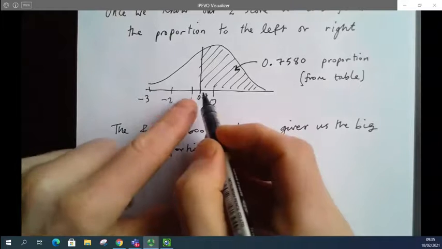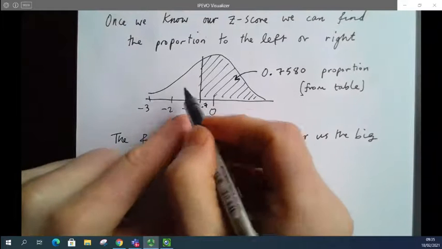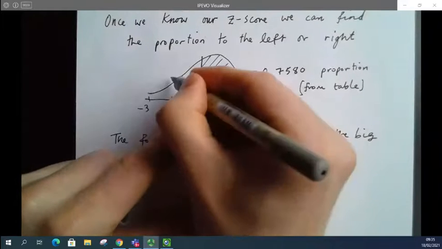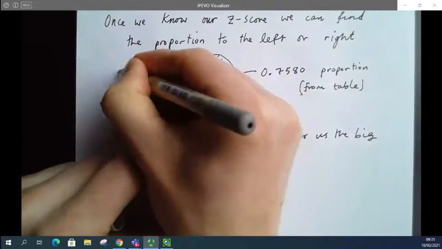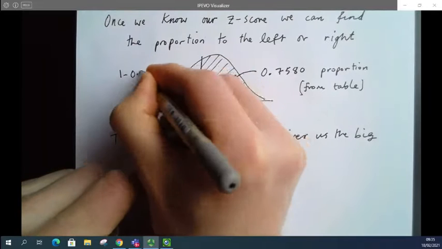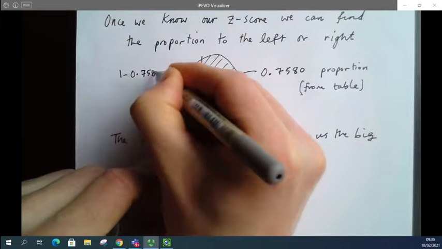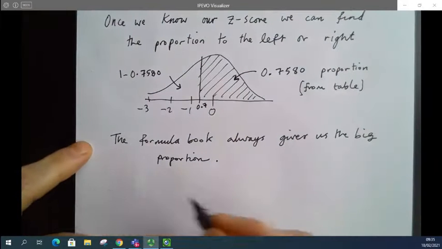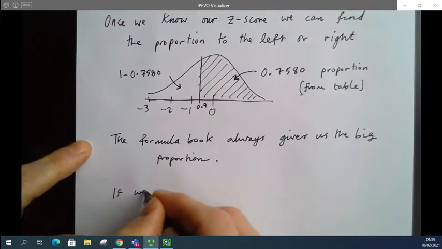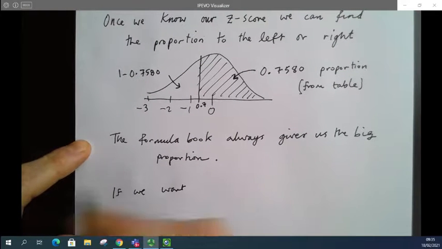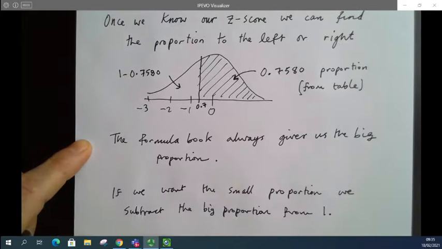Now, if we actually wanted the proportion in here, didn't we? So this one here is going to be 1 minus 0.7580. If we want the small proportion, we subtract the big proportion from 1.